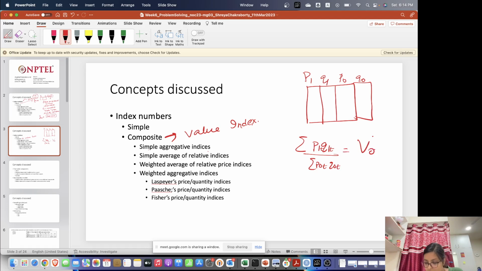This was my value index, comparing the value at the tth time point to the base point.